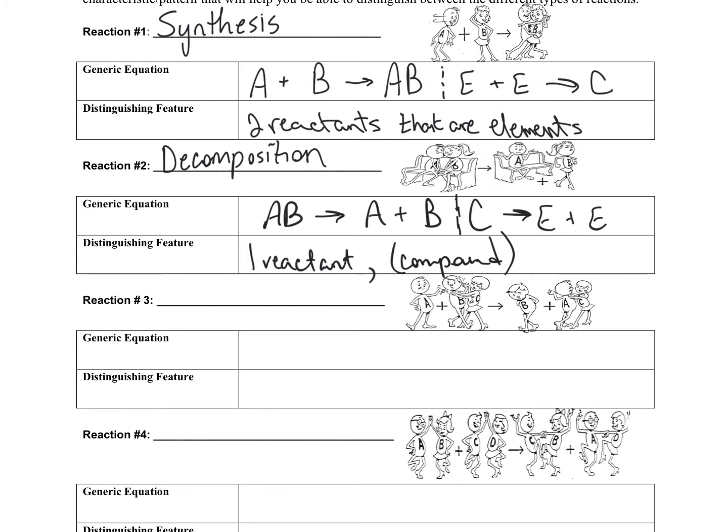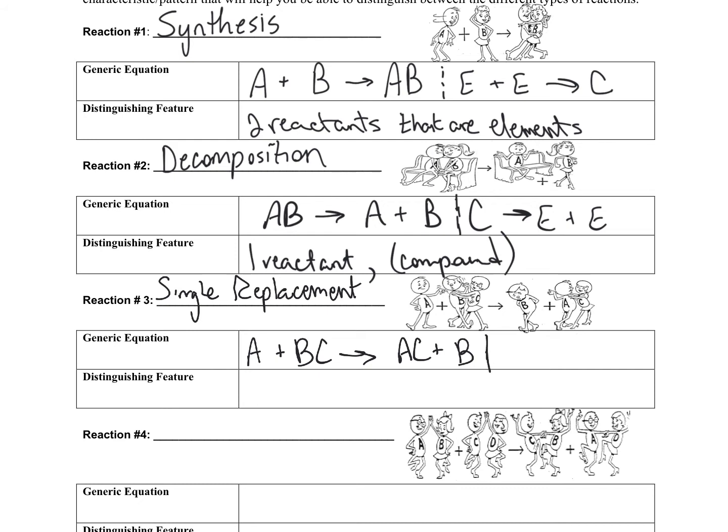Reaction number 3 is called a single replacement reaction. Here, you have an element, A, and a compound, BC. The reaction takes place, and A is going to switch with one of those 2 parts of the compound. So you might get compound AC and free up element B. So you can see there that the C portion of that compound shifts and creates a new compound.